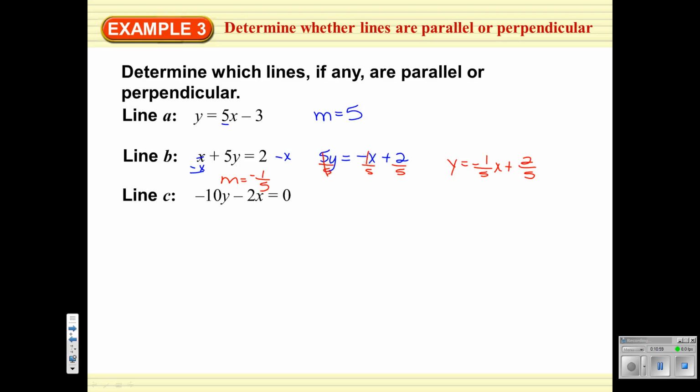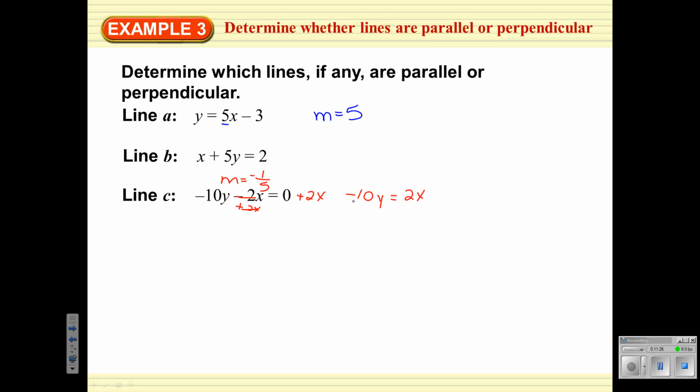Let's look at line C. Oh, we have standard form again. So I'm going to erase all this. And we're going to solve it into slope-intercept. I'm going to add 2x to both sides. I'm left with -10y equals, well, all I have left here is 2x.